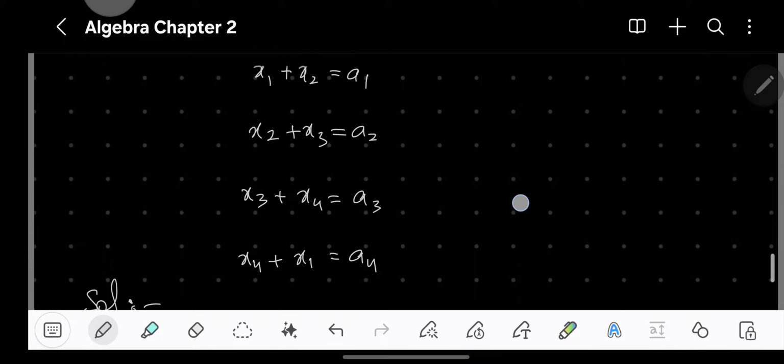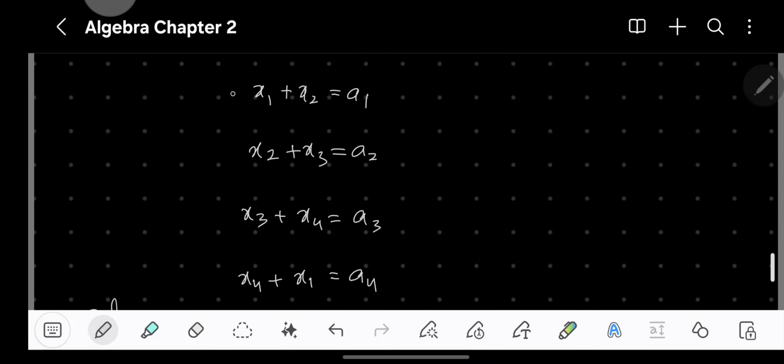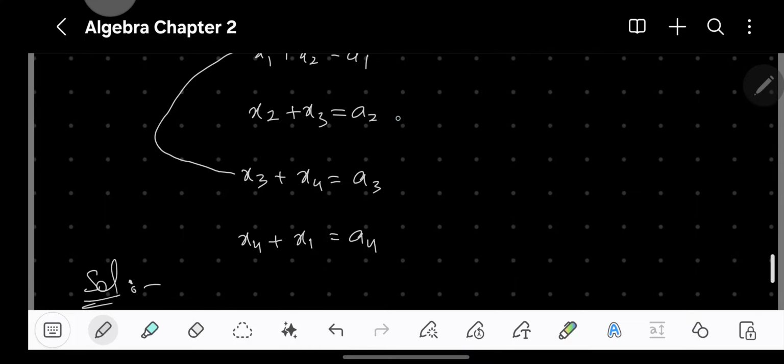You can check, if I add equation number 1 and equation number 3, on the left hand side I will get x1 plus x2 plus x3 plus x4. And similarly, if I add equations 2 and 4, again on the left hand side I will get x1 plus x2 plus x3 plus x4. So I will use this trick.